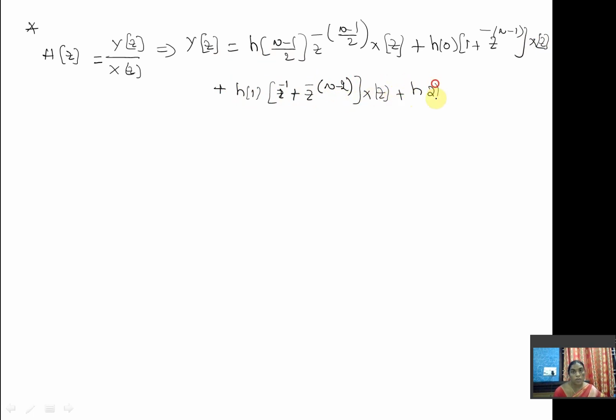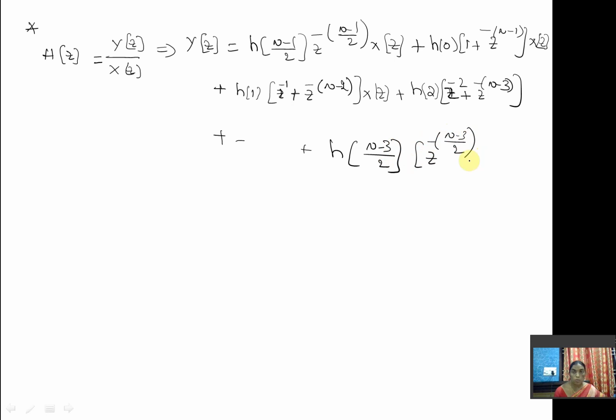Then h(2) into z^(-2) plus z^(-(N minus 3)), and so on. The last term is h((N minus 3)/2) into z^(-(N minus 3)/2) plus z^(-(N minus 1) minus (N minus 3)/2).